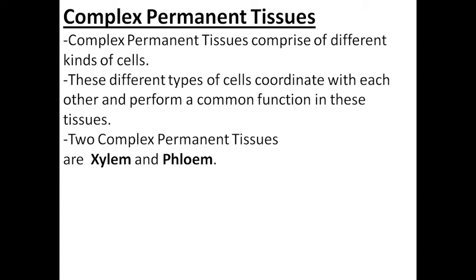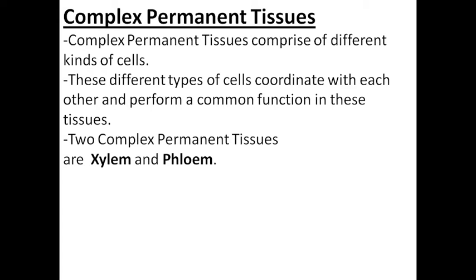Okay? So xylem and phloem are the two complex permanent tissues which are important for the transport of water and food in the plants. As we require energy for doing our work, plant also requires energy, correct? So for that, plant is doing photosynthesis, but photosynthesis is only happening in the leaves. So what about the other parts of plants?